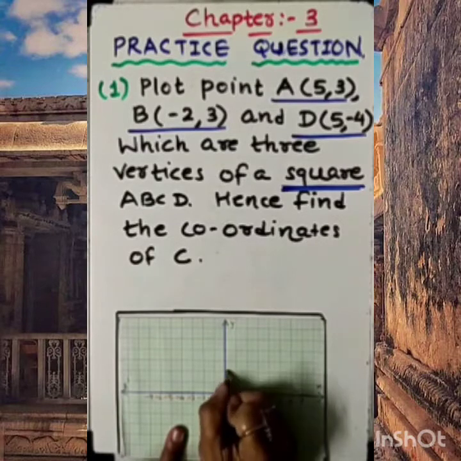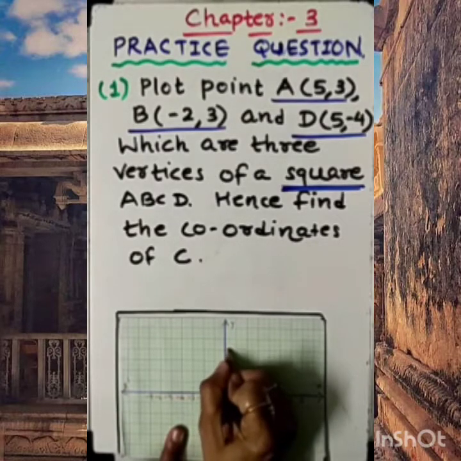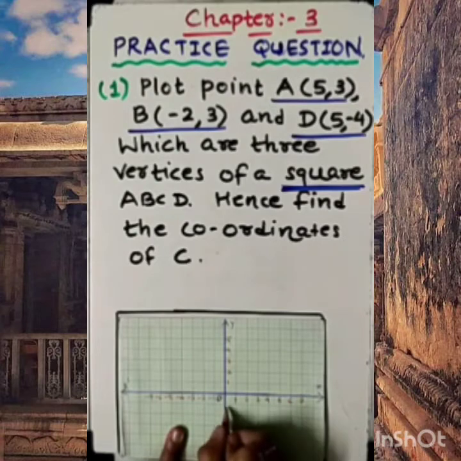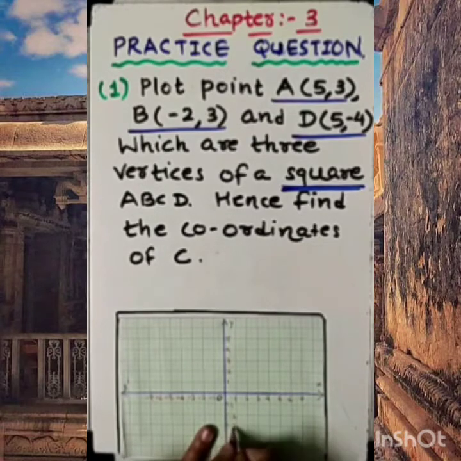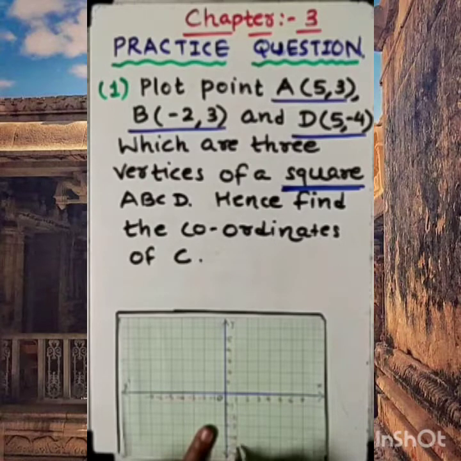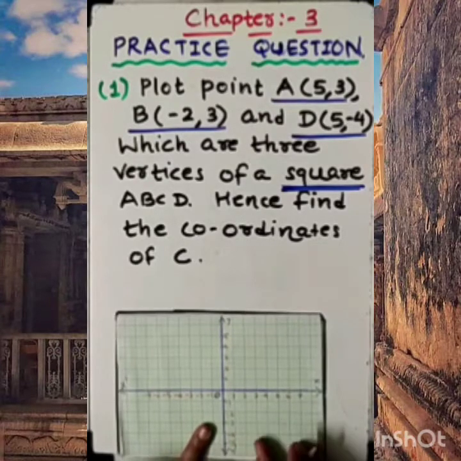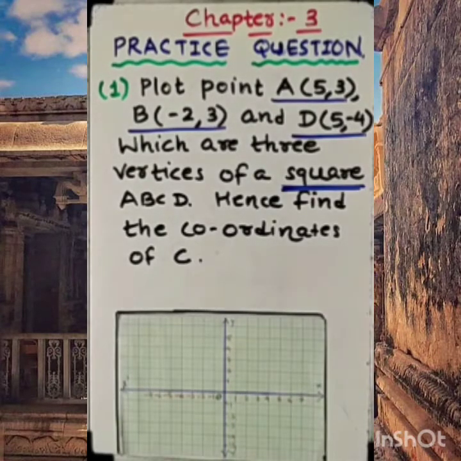And this side 1, 2, 3, 4, 5. This side minus 1, minus 2, minus 3, minus 4. Right? So dear student, after writing 1 unit, let's locate the required points.